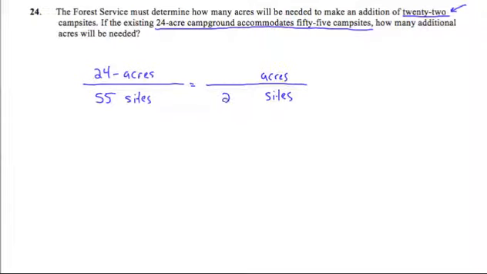So it looks like 22 more campsites. And the question then is, how many acres, that's going to be our unknown, will this take? Once we get our proportion set up here, all we need to do is take the cross products. So 24 times 22 has to be equal to this other diagonal, or cross product, which is 55x. So let's see, we'll take 24 times 22.